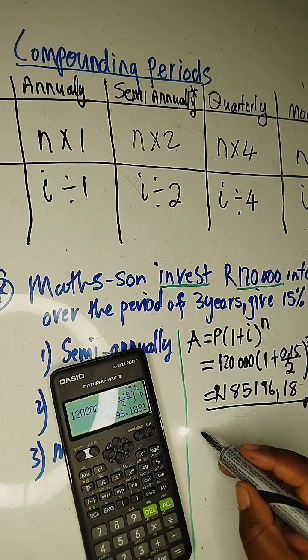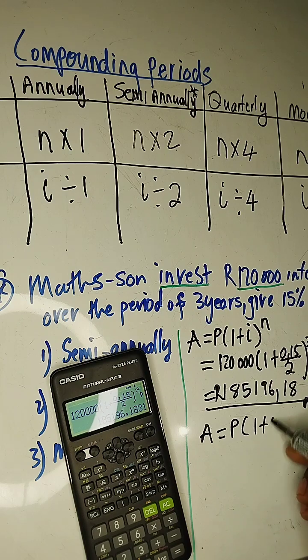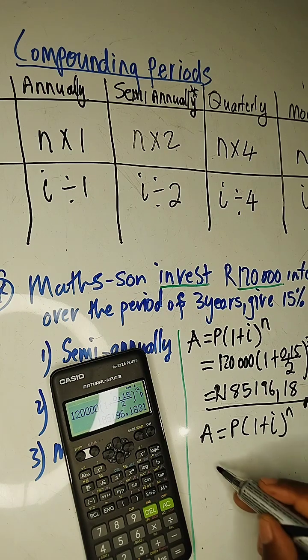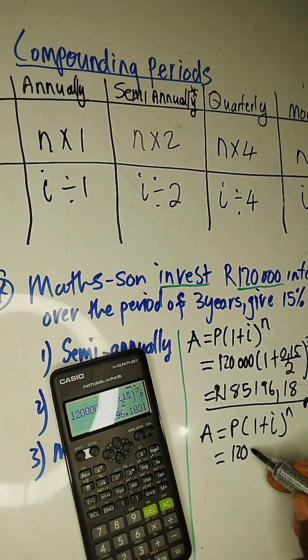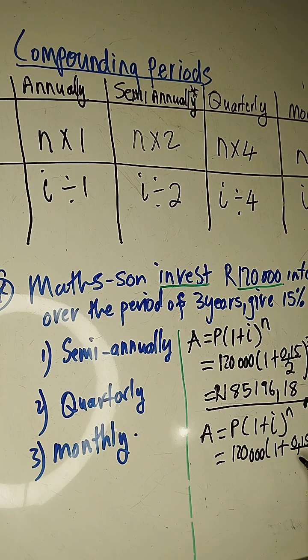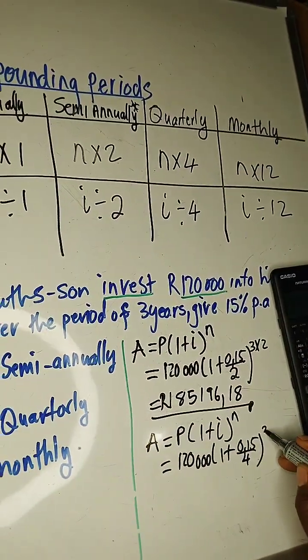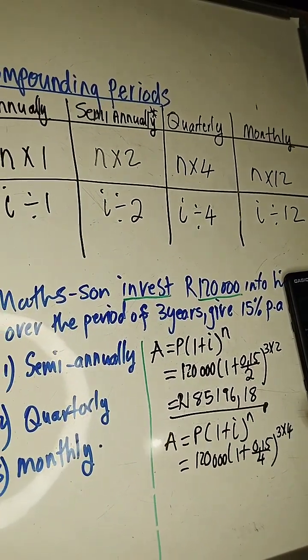Okay, that's number one. Let's check number two. A equals P into 1 plus I exponent n. This is 120,000 into 1 plus, remember it's 15, so that will be 0.15 all over 4, since quarterly is 4, close bracket. Then we have 3 multiplied by 4.